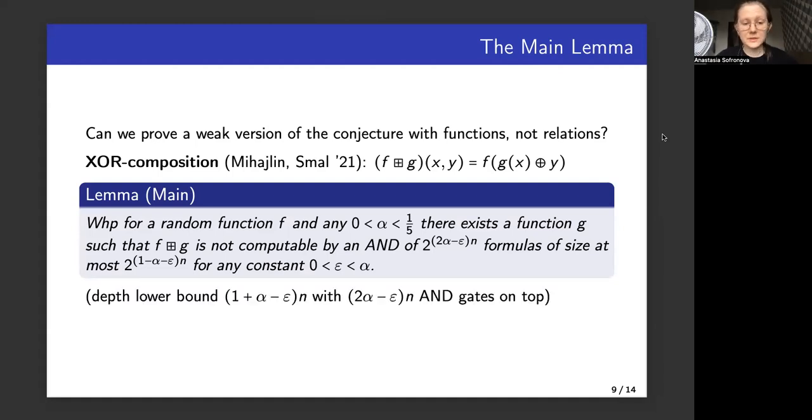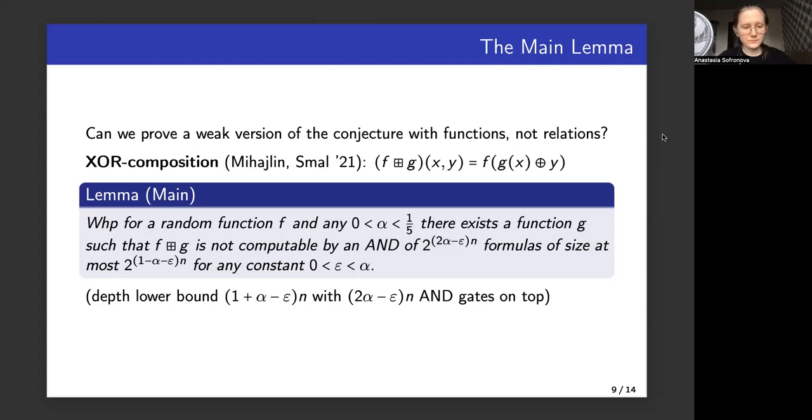Now this is a depth lower bound of the form which is required in weaker versions of the Karchmer-Wigderson conjecture, namely depth lower bound (1 plus alpha minus epsilon) log n with (2 alpha minus epsilon) log n AND gates on top, unfortunately. So here we trade one layer in the lower bound for 2 layers of AND gates on the top of the formula.